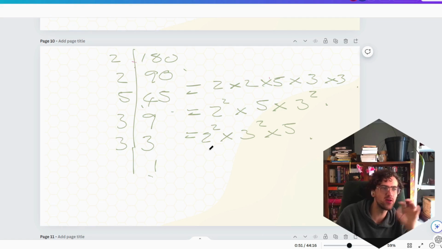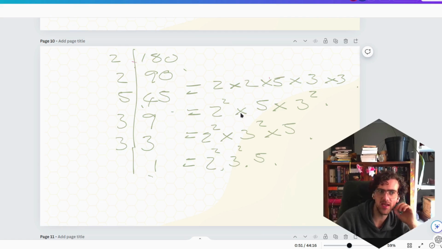And then we don't have to take it this step, but we could even take it further and say 2 squared, 3 squared, 5. Okay. Is that cool? So that would be our product of prime factors. Which question was this?